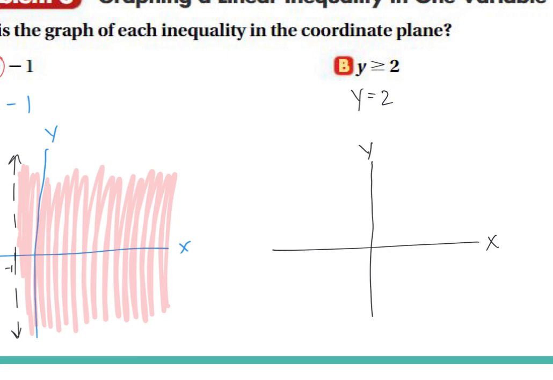Y equals 2, horizontal or vertical line, peeps? Well, if x equals -1 was a vertical line, y equals 2 should be a horizontal. Okay? It's going to be a horizontal line. Just find y equals 2 and just draw a line there.